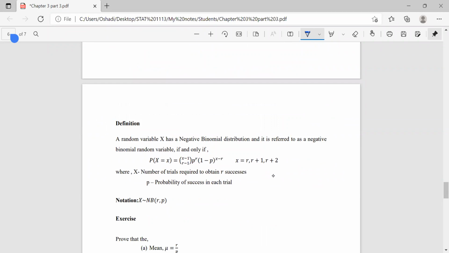A random variable X has a negative binomial distribution, and is referred to as a negative binomial random variable, if and only if the probability that X equals x, that means we need x trials to obtain r successes, is equal to x minus 1 c r minus 1 times p to the power r times 1 minus p to the power x minus r, where x is r, r plus 1, r plus 2, and so on.